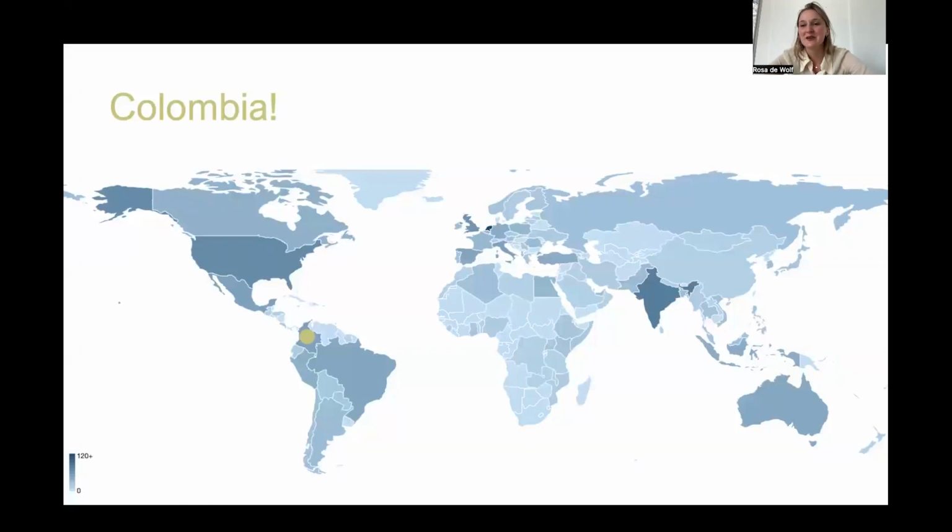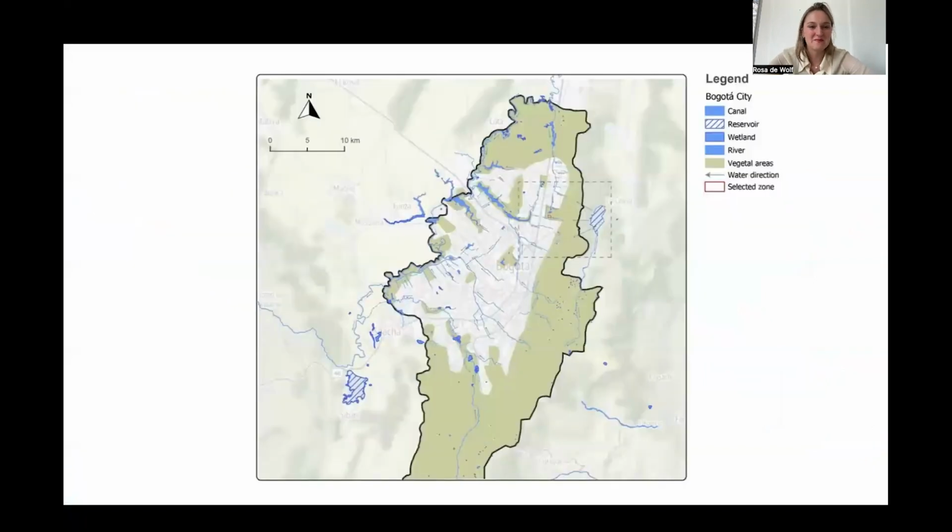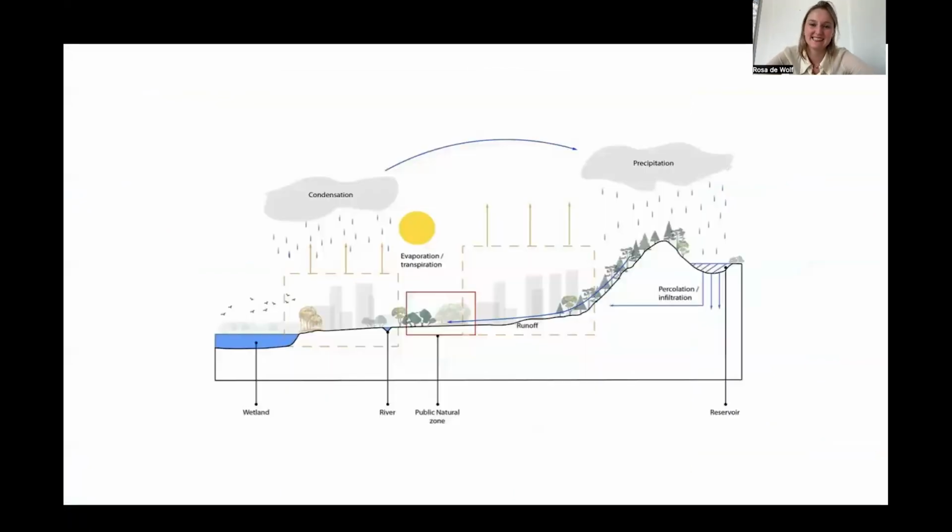Then we go a bit to the south, to Bogota, Colombia. This section shows that the participant selected a public natural zone as the urban spot, and as you can see, it's within an urbanized area. A problem here is that the urban runoff pollutes the wetlands, and there is an initiative to protect and restore these wetlands.